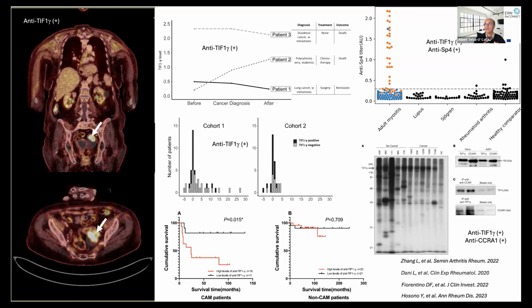So we have to remember that we can know about our immune response against cancer because we detect the anti-TIF1 gamma antibodies. And if we detect more antibodies, it means that the response is stronger. So those patients with anti-TIF1 gamma and dermatomyositis who are also positive to anti-SPT4 or anti-CCR1, probably the risk is much lower. Of course, it has been reported in the States, but we are now trying to demonstrate that it is the same in our population. We have no raw data until now.